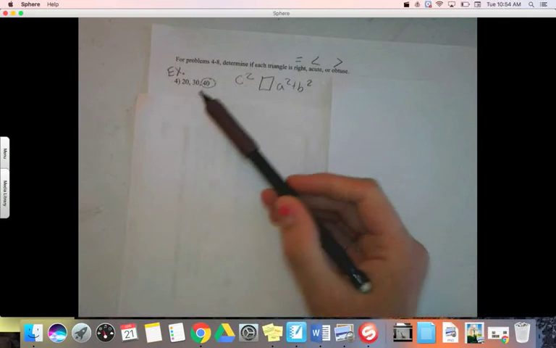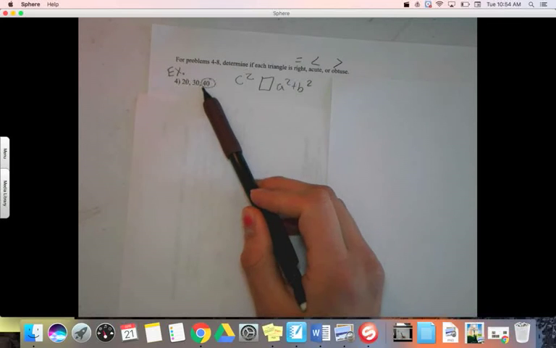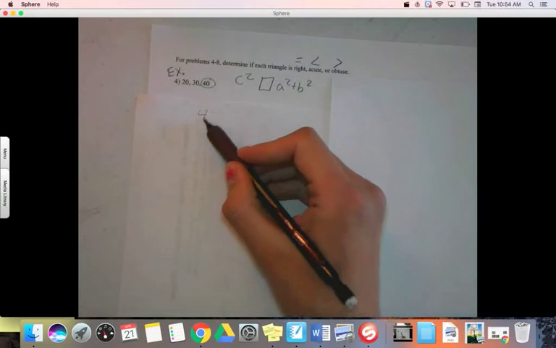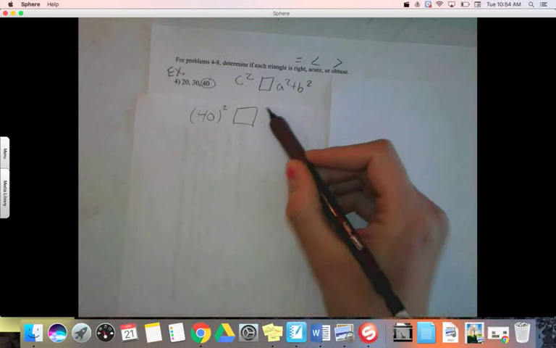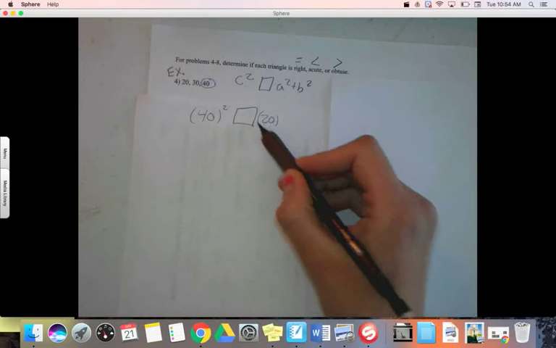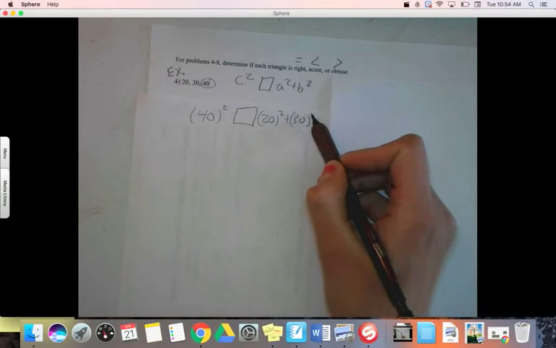So in this example, c is always the longest side. So c will be 40 here. So I'm going to be comparing 40 squared to a squared plus b squared. So 20 would be for a, 30 would be for b.